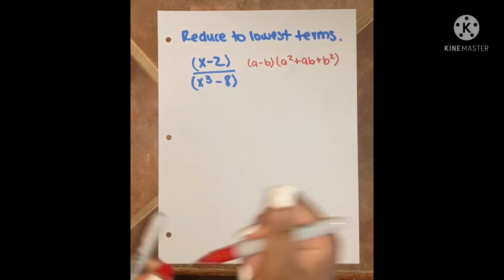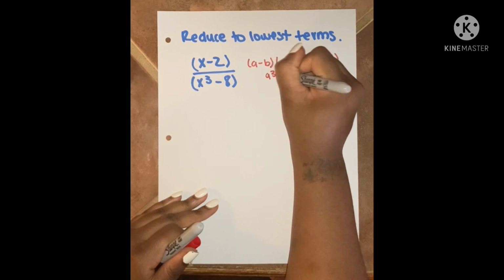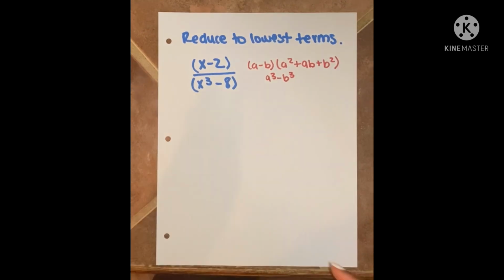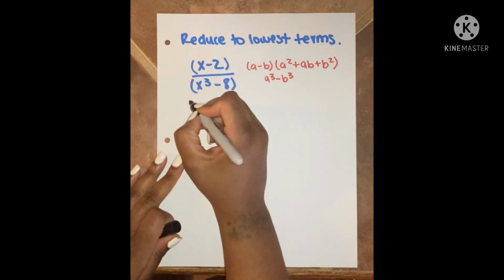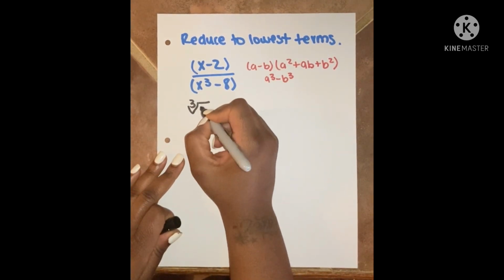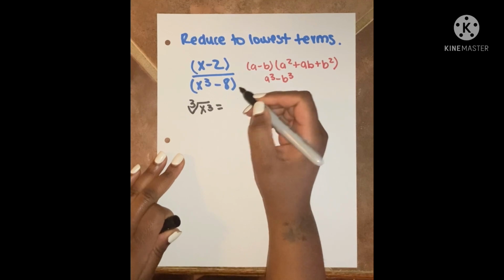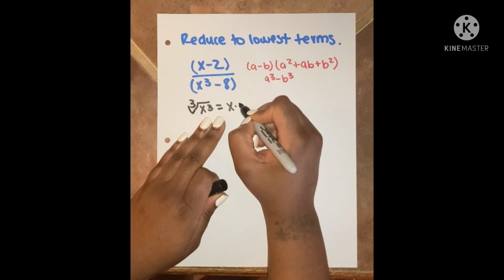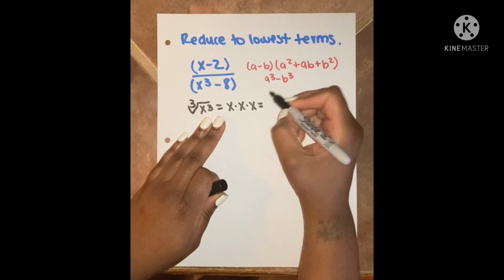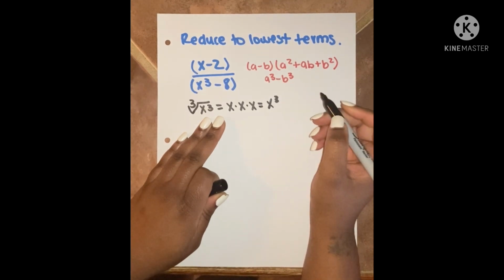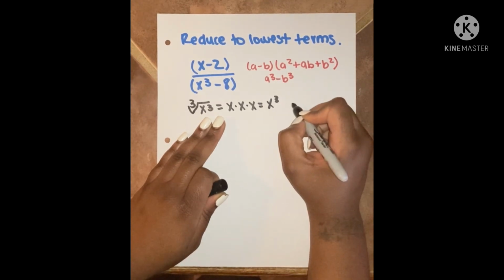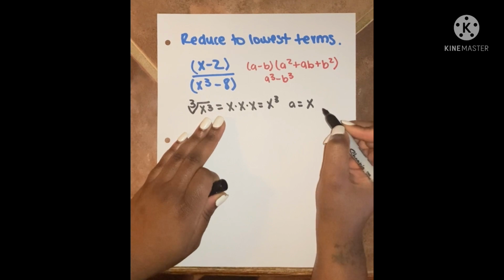So how do we figure out what a is and what b is in this case? This is in the form a cubed minus b cubed. So we're going to take the cube root of x cubed, and we know that x times x times x gives us x cubed, meaning that a is equal to x.